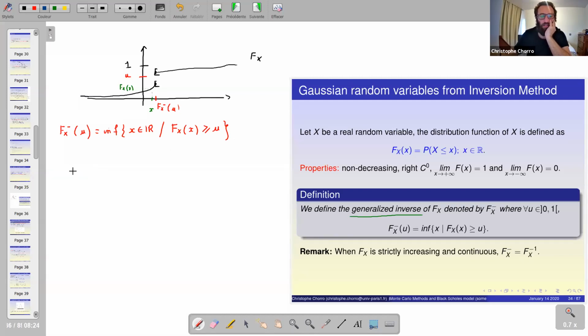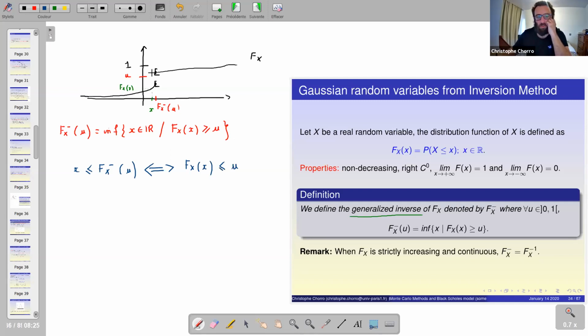You have that small x is less than F_X^-(u) if and only if, so that is, I have this order here, if and only if F_X(x) is less than u.